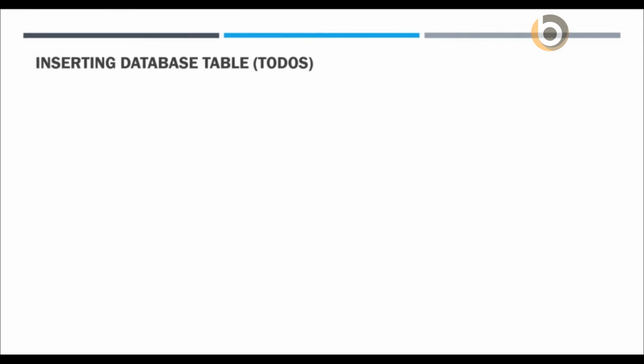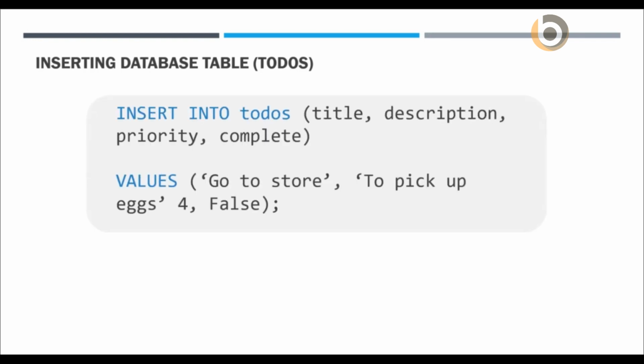So in SQL terms, how do we add data to a to-do? To start, we need to say which fields of the record we want to add to. We can see the SQL command that says INSERT INTO todos, so insert into the todos table a title, a description, priority, and complete.